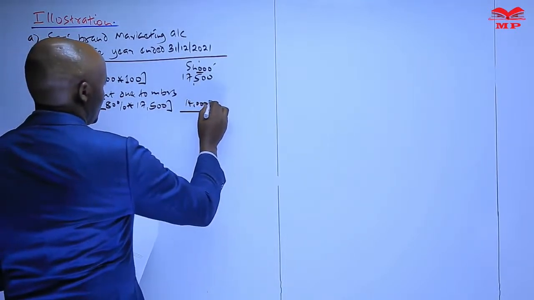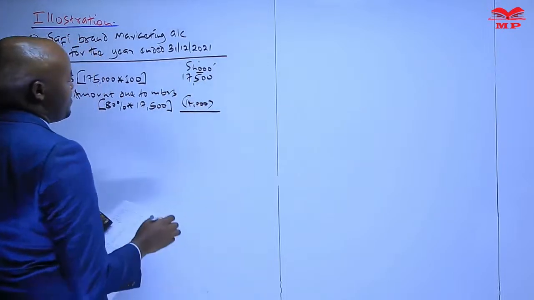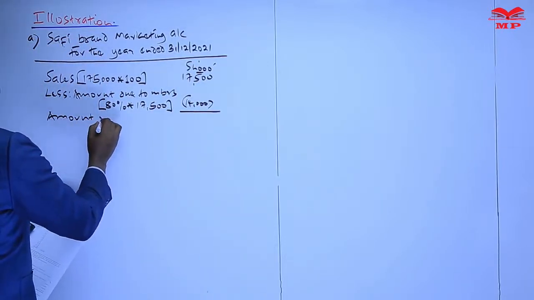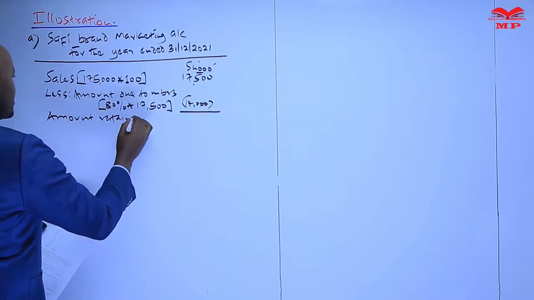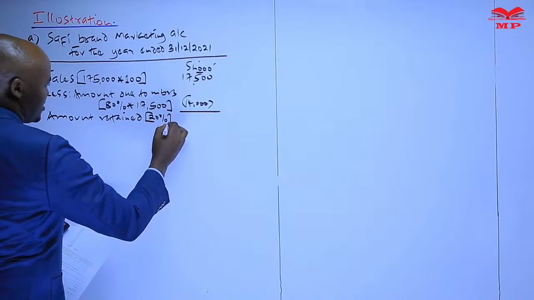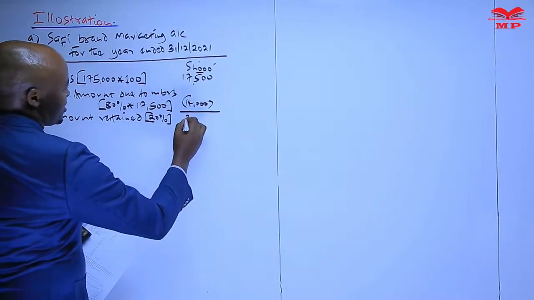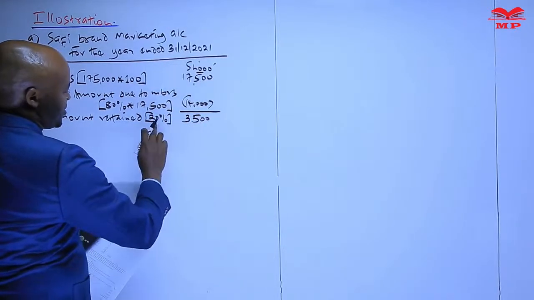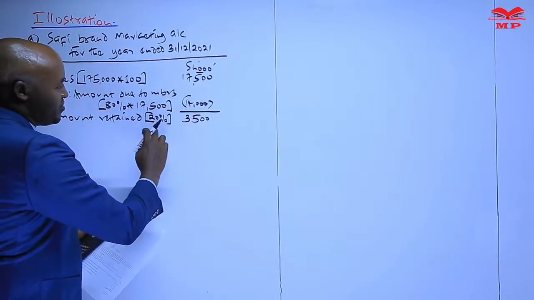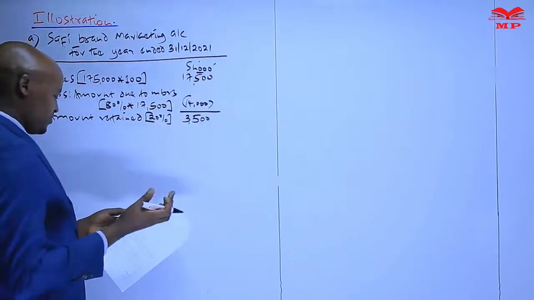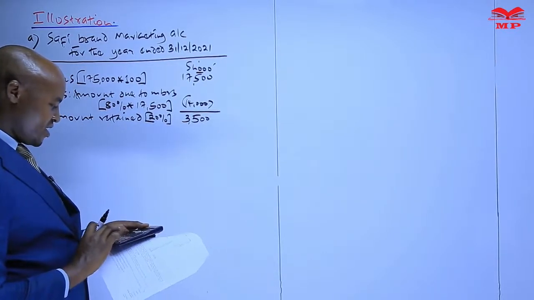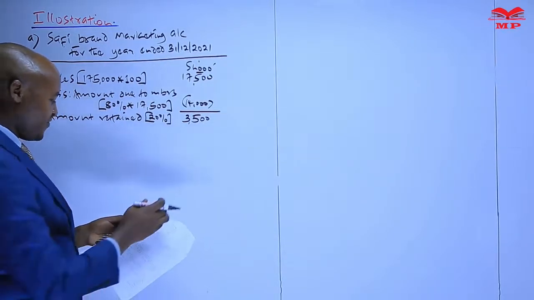This is the amount to be paid to the members, meaning that the amount retained by the cooperative society, which is 20%, is 3,500. So this amount should be equal to 20% of 17,500. You can confirm: 20% of 17,500 gives us 3,500.